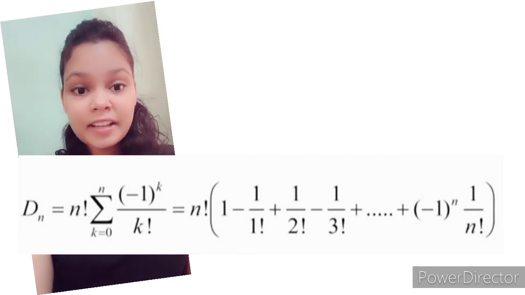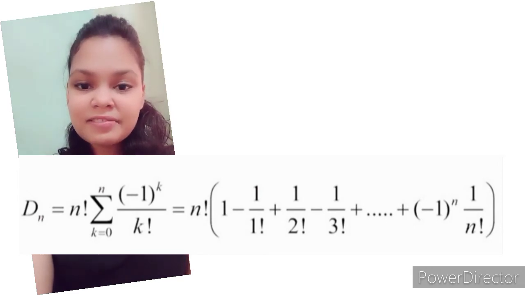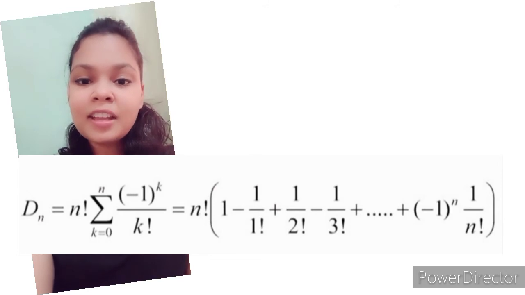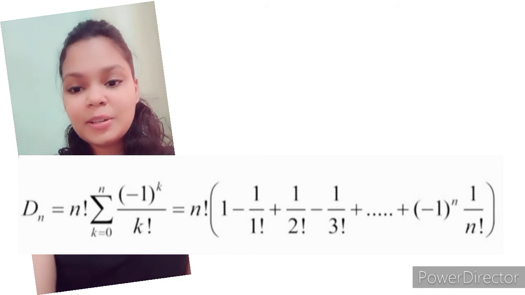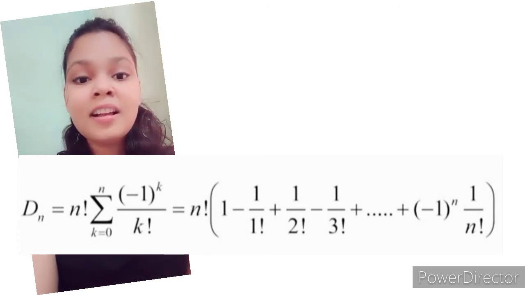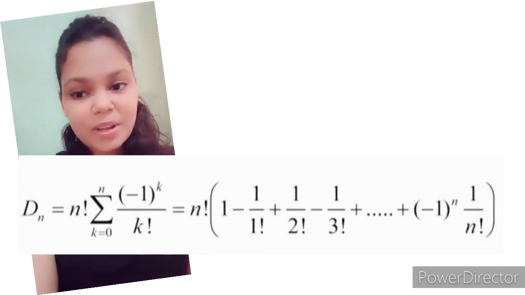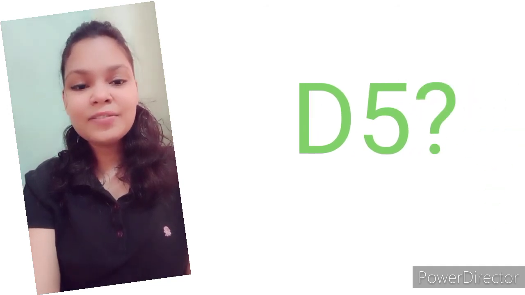That is, derangement of n objects, dn, is equal to n factorial times the summation, k going from 0 to n, of minus 1 raised to k divided by k factorial, which is equal to n factorial into 1 minus 1 by 1 factorial plus 1 by 2 factorial minus 1 by 3 factorial up to minus 1 raised to n upon n factorial. But we have to find d5 since we have 5 letters.